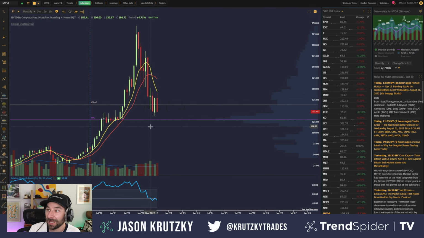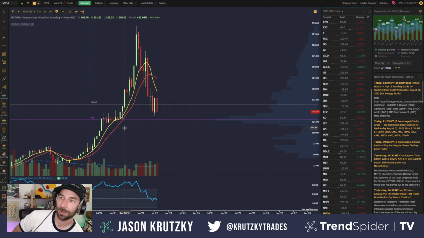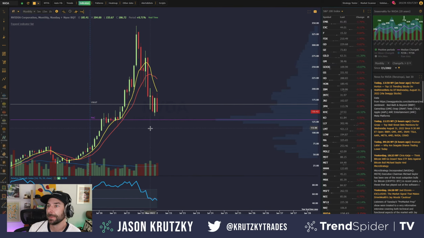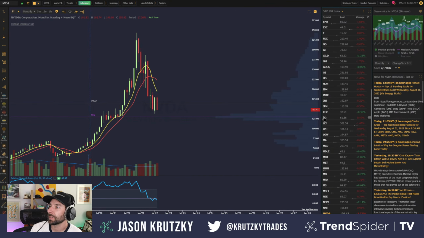Maybe they could come in and hold this 116, the previous low from March 2021. Doesn't look very lovely to me. I don't quite love it, but it's at least holding for now. I would let this thing kind of play out. I would not be taking longs just yet if you're thinking about it. So that's my thoughts on NVDA.